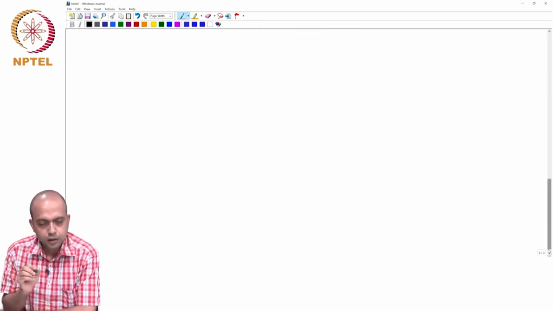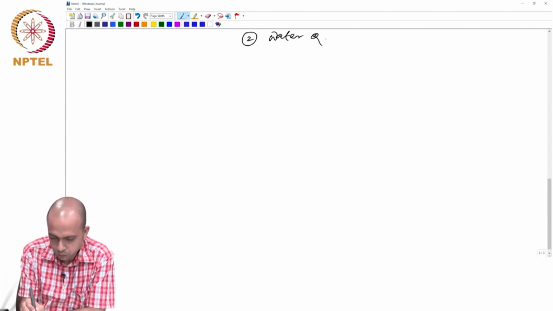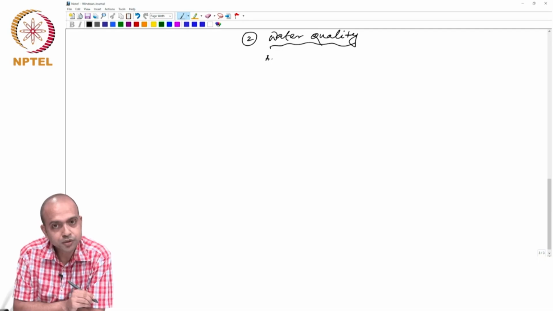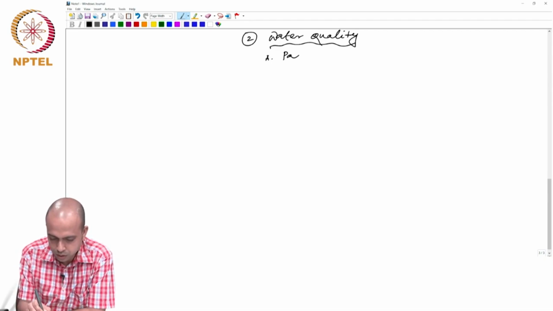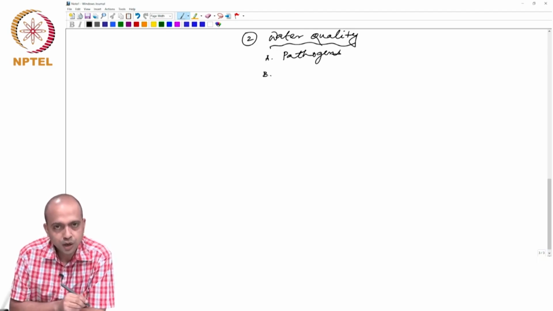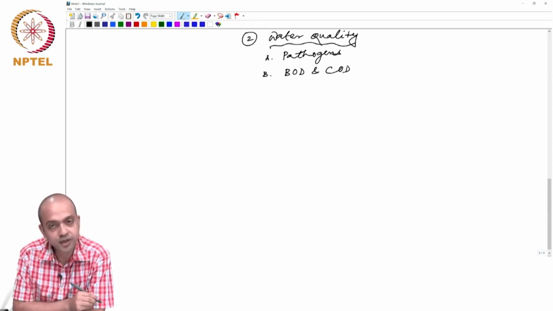Then the environmental quality is also measured by water quality indicators, and here also we have three types. First one is called pathogens, second one is called biological oxygen demand, BOD and COD.